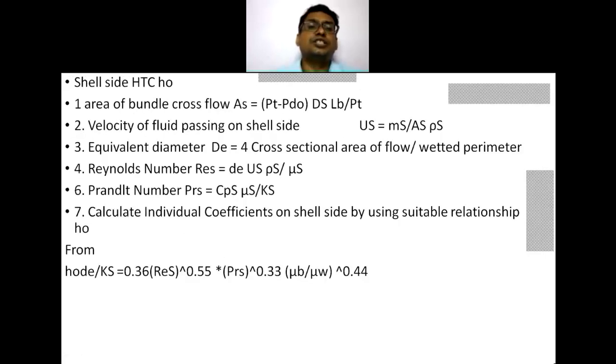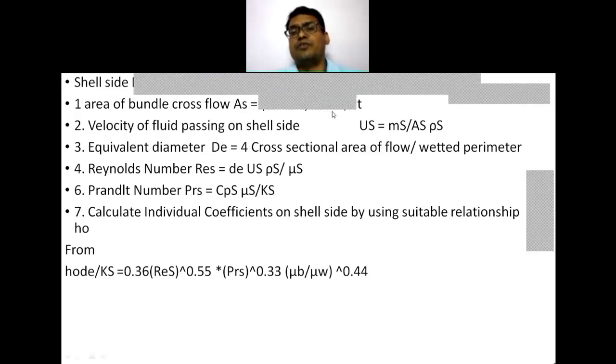Next is the shell side heat transfer coefficient HO. The area of the bundle cross flow, AS, is nothing but (PT minus DO) into DS into the length of the baffle, divided by PT, where DS is the shell diameter and LB is the length of the baffle.